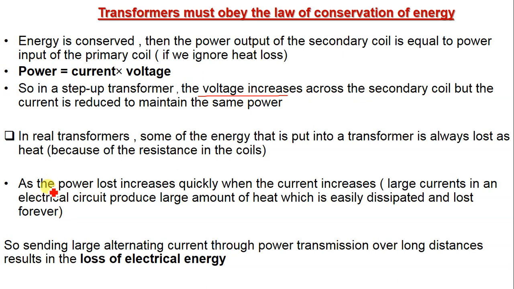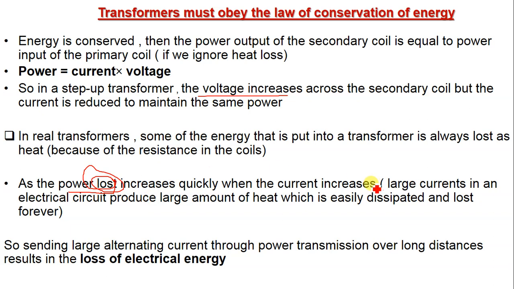So as the power lost increases quickly when the current increases, why, girls? Here the power lost, the energy lost.